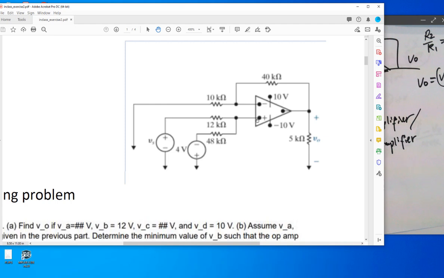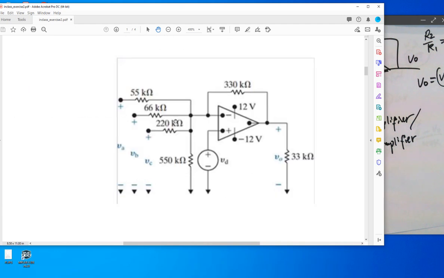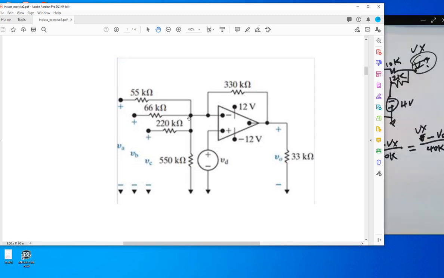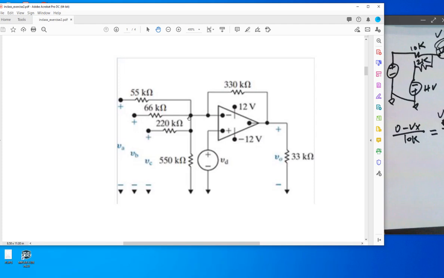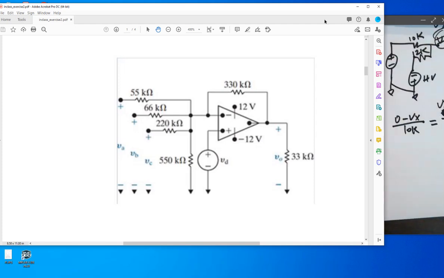So this is a non-inverting amplifier, and this guy is a summing amplifier because you have so many signals summing to the same point. Do you need to do a KCL on this wire? Let's take a look.